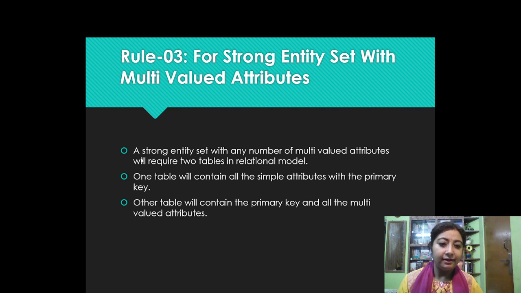Here it says that a strong entity with any number of multi-valued attributes will require 2 tables in a relational model. It requires not only one table, it requires 2 tables. The first table will contain all the simple attributes with the primary key, and the other table will contain the primary key and all the multi-valued attributes.